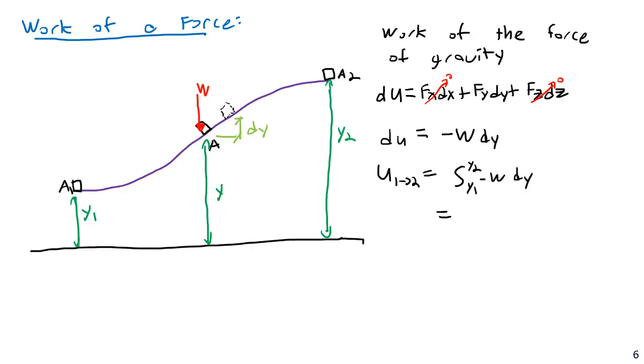But in this case, weight is constant. It's not going to change. Whether I put it here or here or here, it doesn't matter. So weight is going to be constant with respect to y.